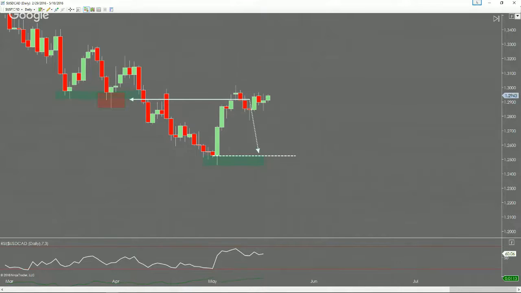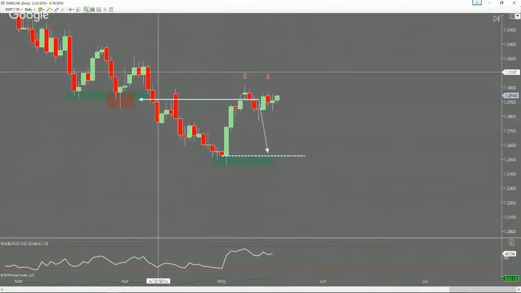We have not yet violated this high right here, and we technically did have that double top because we did reach the closes of this first high right here, and this is our other top.